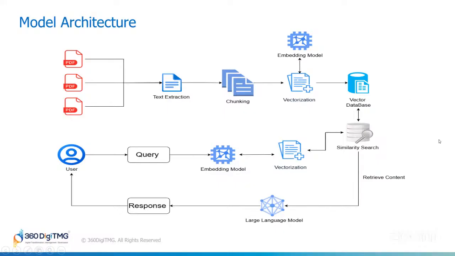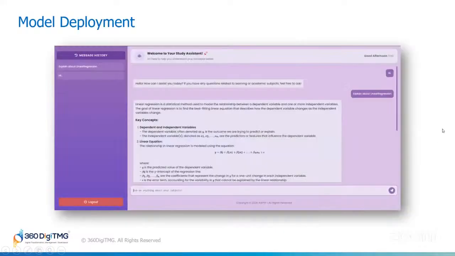Next is the model deployment, or the UI we have developed for this assistant. We can see we have some sample questions here, for example, explain linear regression. We can get the key concepts, what concepts we are teaching about, and the proper formula here.